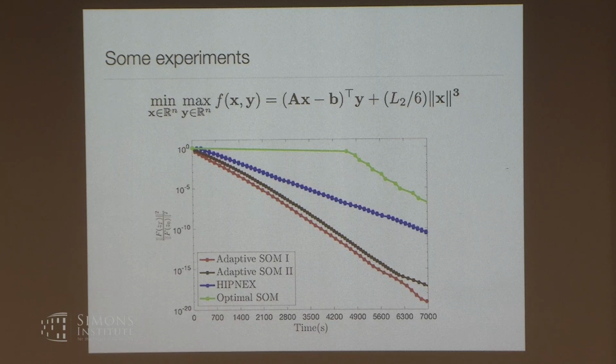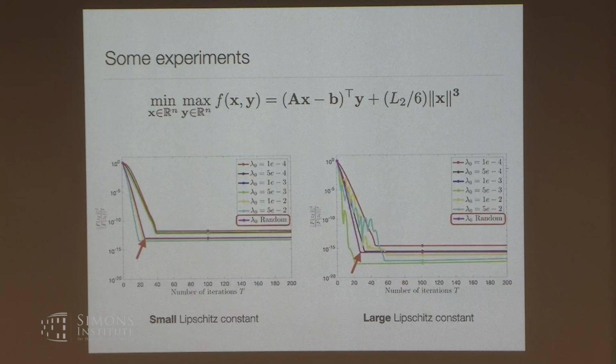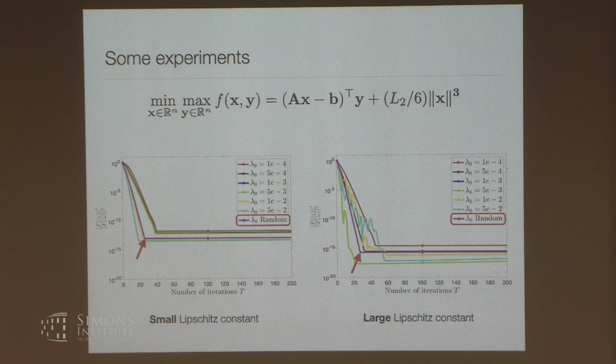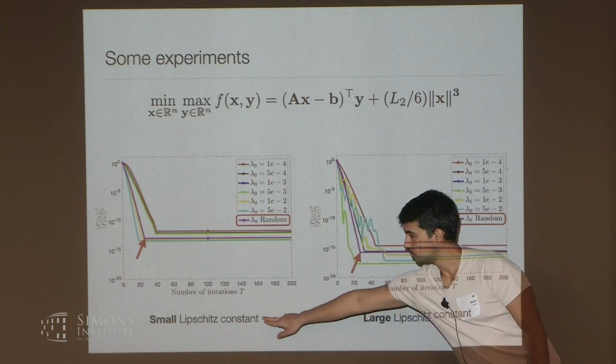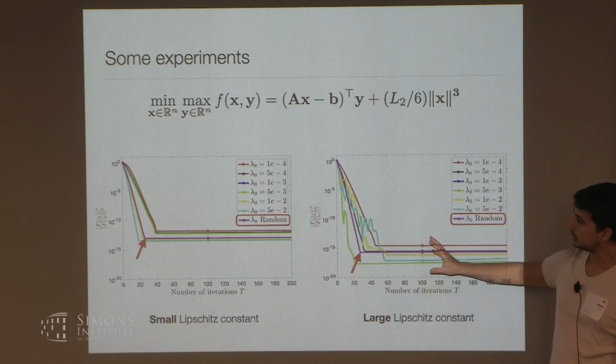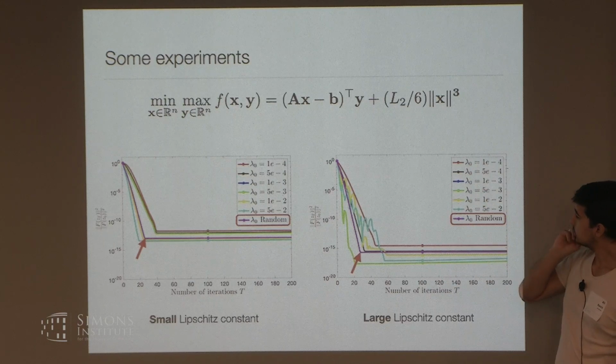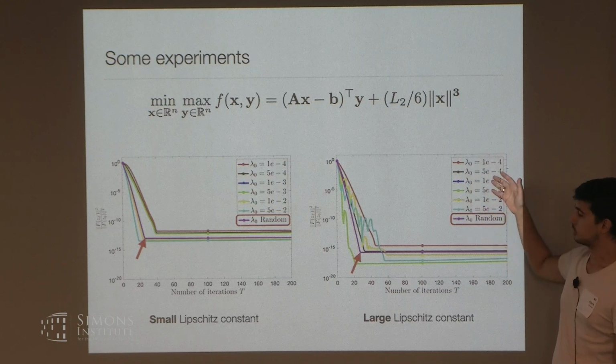Another thing that is really nice is we don't need to worry about the initialization. What we tested is, let's ignore this for a while here. We just said, okay, let's get some random estimations of the Lipschitz constant, some random values, and just put them in place. For the original Lipschitz constant being small and large, we see that our method roughly behaves in a similar way, no matter how you initialize. But what's so interesting is you don't actually need to worry about some random values.